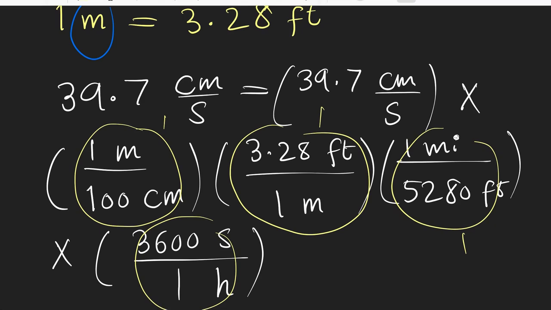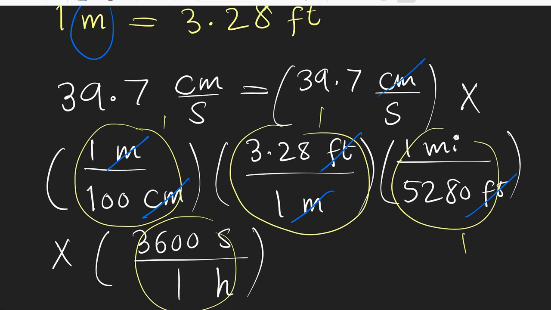So the first one, centimeter here cancels centimeter. In the second one I have a meter here, cancels meter in the denominator, 1 feet on the numerator and 1 feet on the denominator.